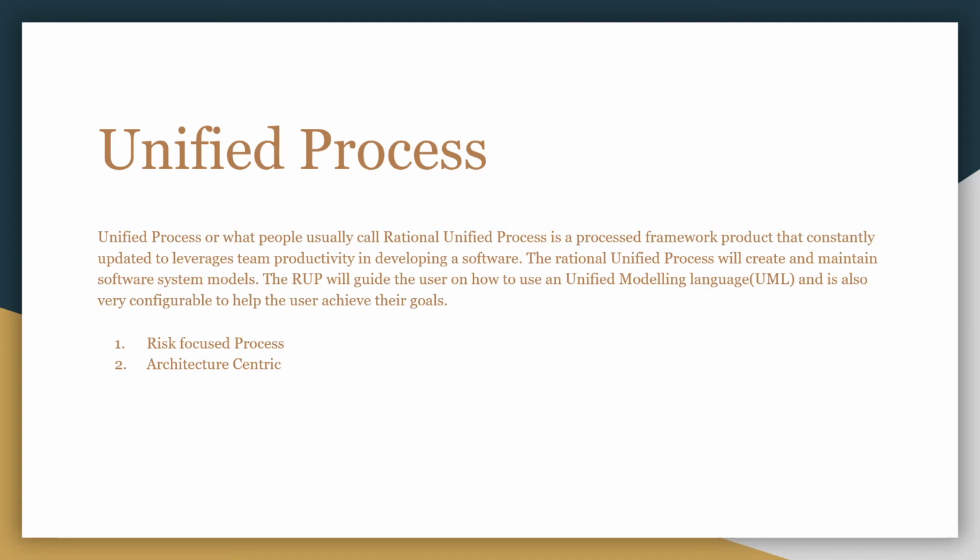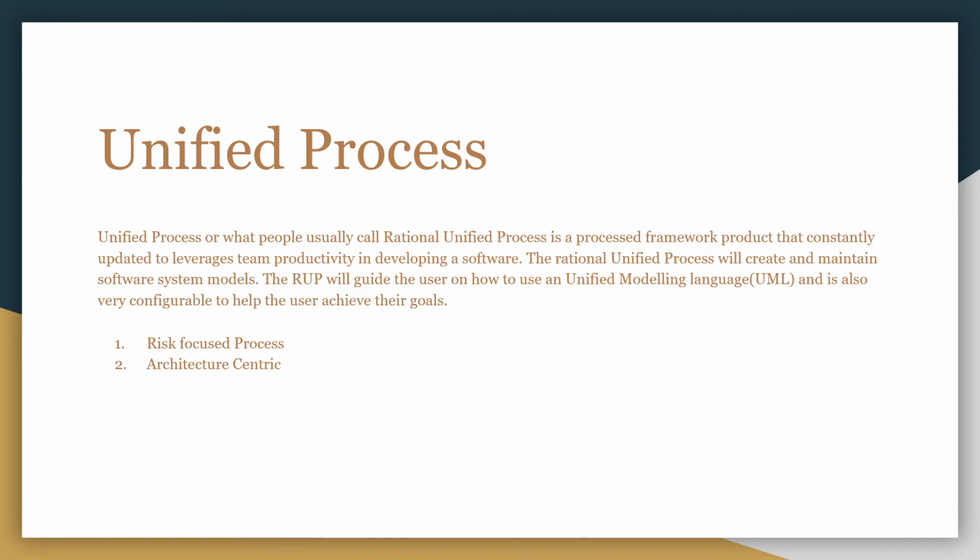Unified process, or what people usually call rational unified process, is a process framework product that constantly updates to leverage team productivity in developing a software. The rational unified process will create and maintain software system models. The RUP will guide the user on how to use the unified modeling language and is also very configurable to help the user achieve their goals.